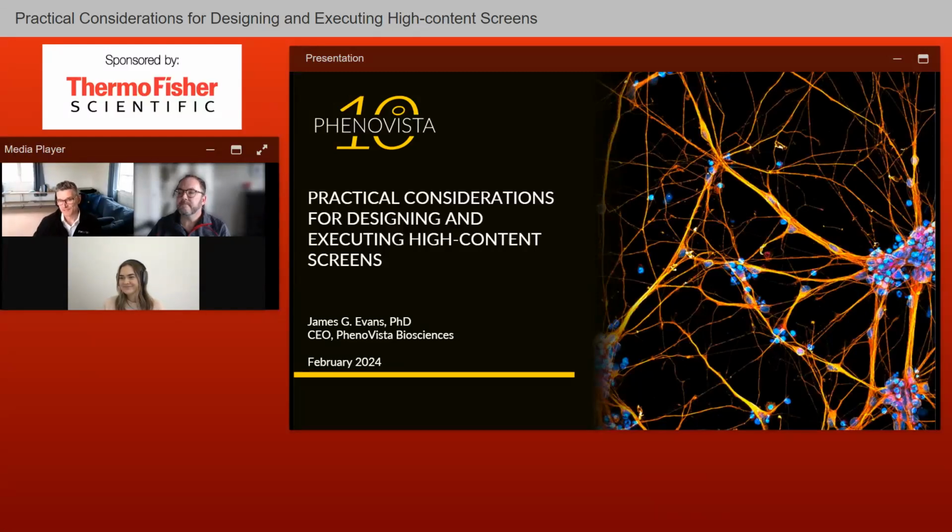When we started the company now 10 years ago, Tony and I really focused on iPS-derived neurons as a relatively new product that we wanted to help get in the hands of scientists, or the data that you could get from them. Neurobiology has always been a great fit for high content because, unlike maybe immunology where you can use flow cytometry, in neurobiology you don't have that luxury.